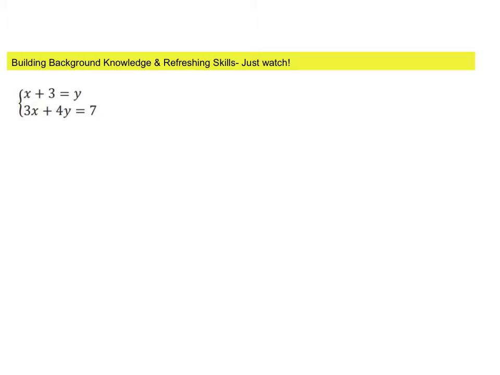All right, just to build a little bit of background before we get into our math today, I just want to go over some things. So if we look off to the left at this set of equations, we have two equations stacked on top of each other with a bracket off to the side, and we call this a system of equations.